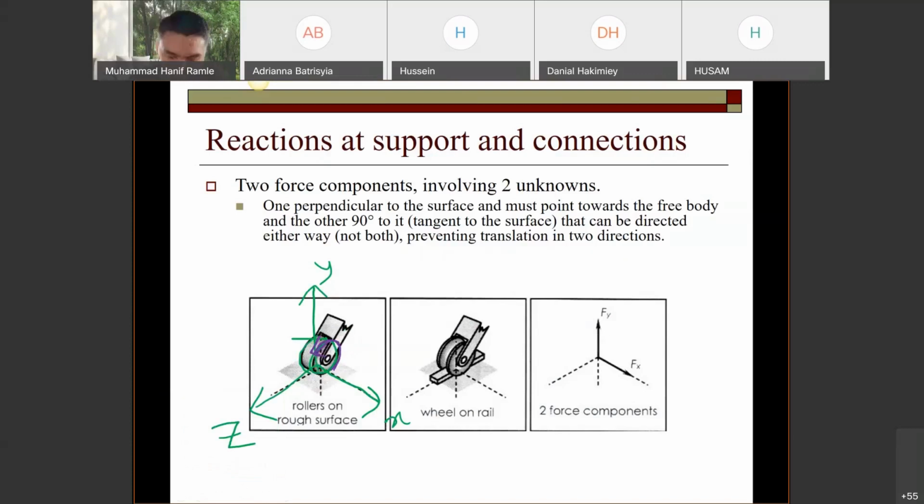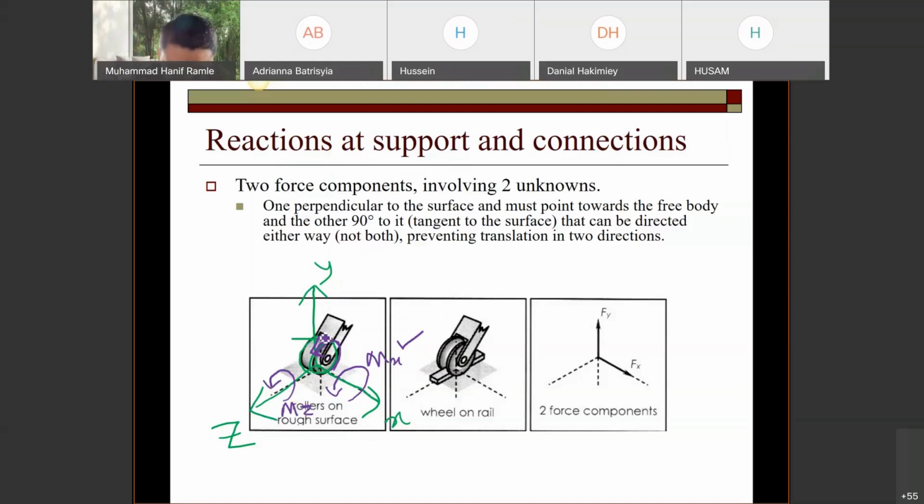In this direction, moment X, it can rotate. In the Z direction, it can rotate as well.